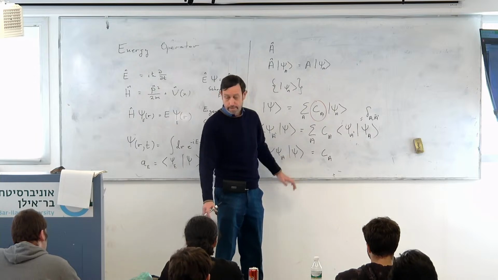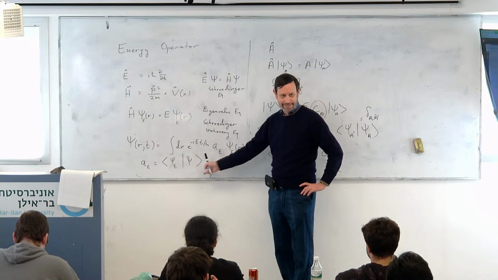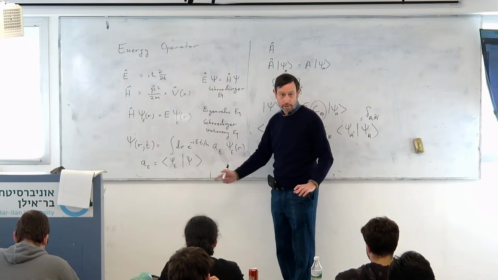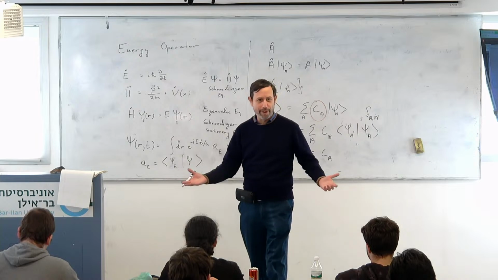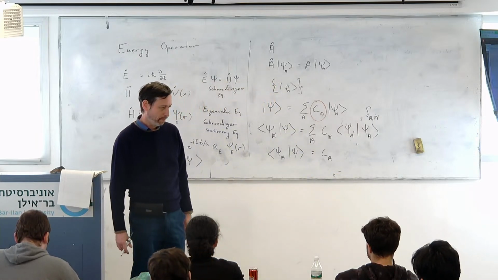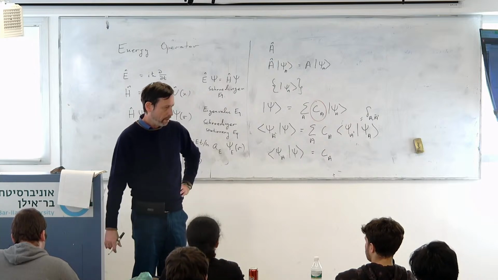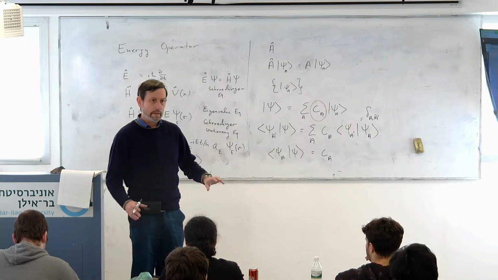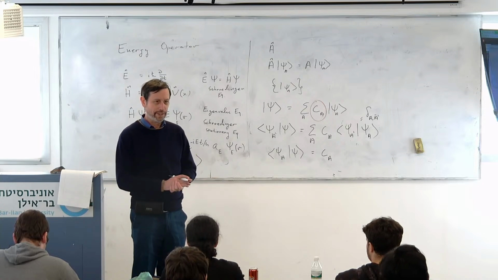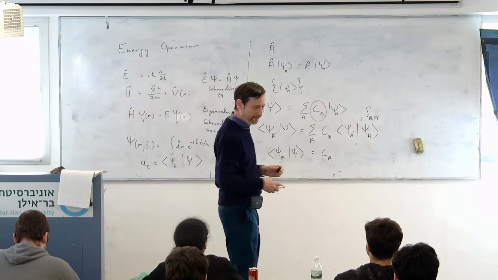But this is a basis, and therefore this is exactly what I've written here. So you know now to move from one basis to another. Okay, commutation relation and uncertainty principle after the break.